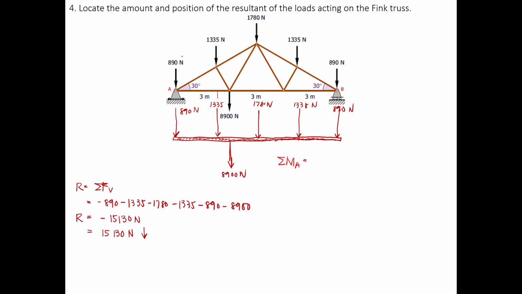Of course, the first force here from point A is neglected because there's no distance involved for the 890 Newton on this portion. There's no horizontal displacement or horizontal distance going towards that particular force. It's right at point A, right?